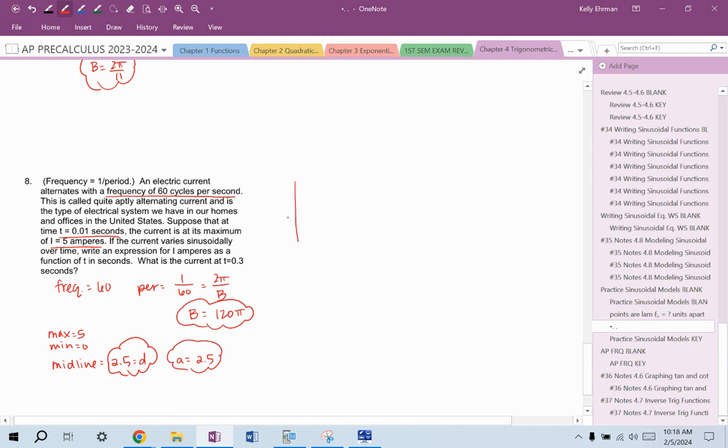So if we wanted to sketch this graph, at 0.01 we hit 5, the midline's 2.5, and the minimum's 0. So midline, 0, midline, back. And we only want a cosine function, it says, I think, somewhere. Oh no, write I as a function inside. So let's write both.